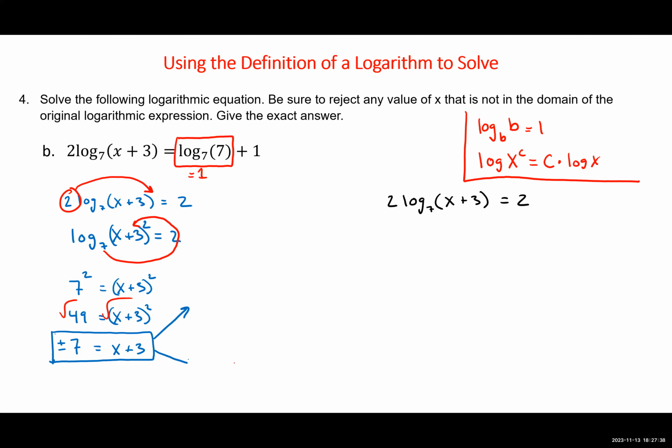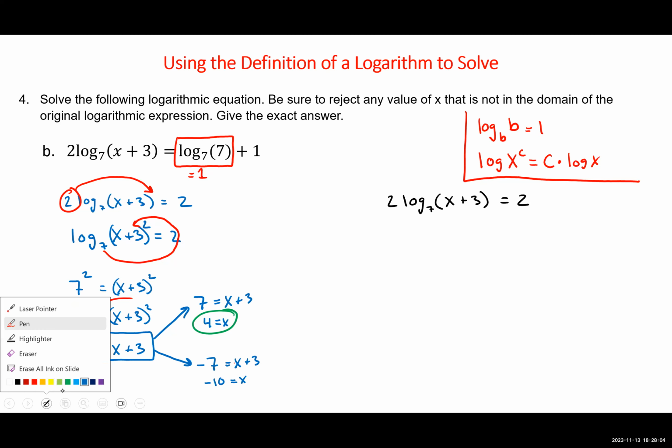Let's do it this way. 7 equals x plus 3, and negative 7 equals x plus 3. Minus 3 from both sides. The first one will give us 4 is equal to x. One answer. Okay. And the other one, minus 3 from both sides, we'll get negative 10 is equal to x.